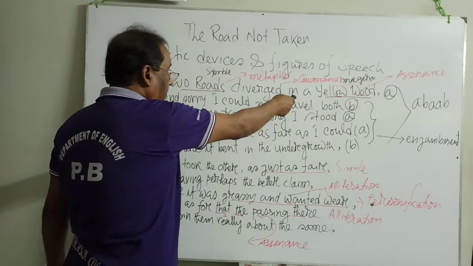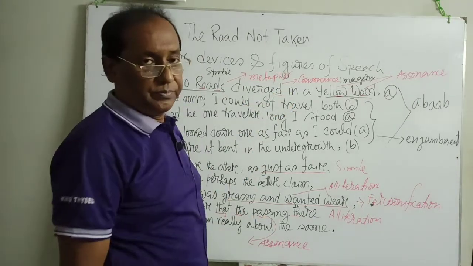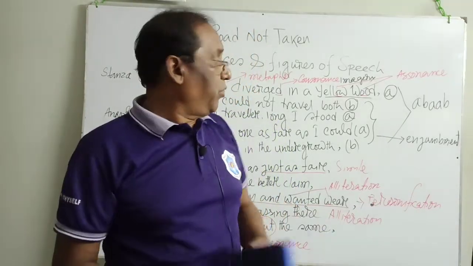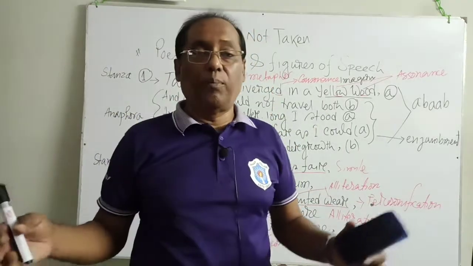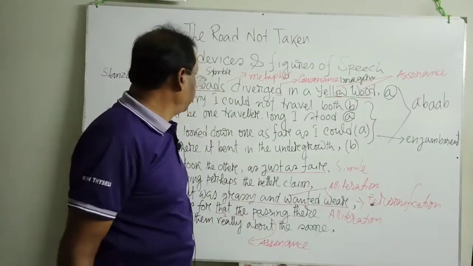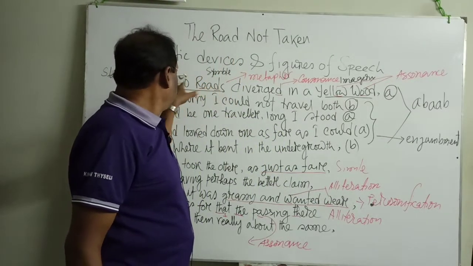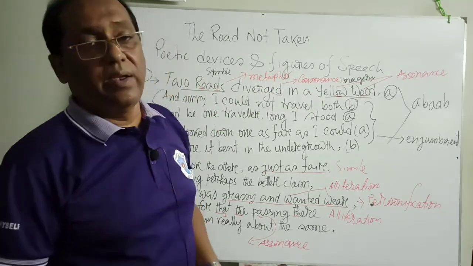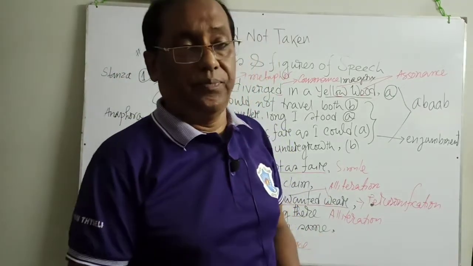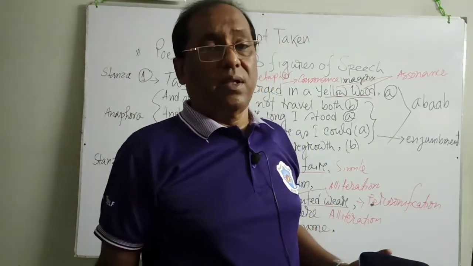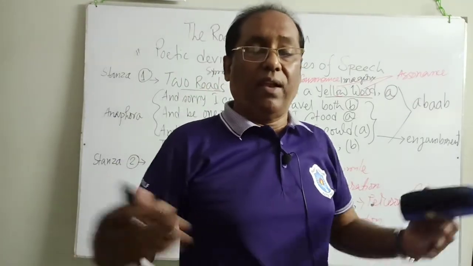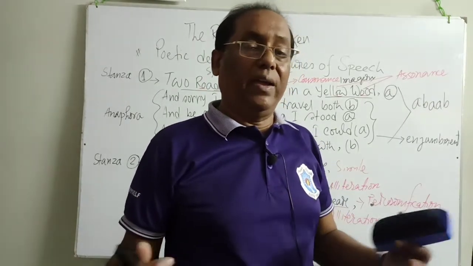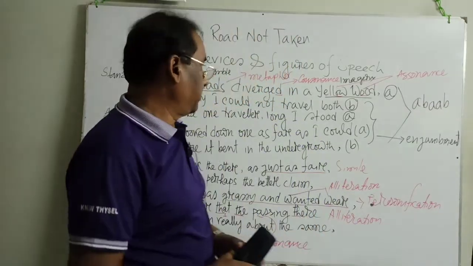Again, the yellow wood is an image. We find some imagery in the poem. As for example, the 2 roads in a yellow wood is an imagery. Now, what is imagery? Imagery means the use of figurative language that appeals to our 5 physical senses.